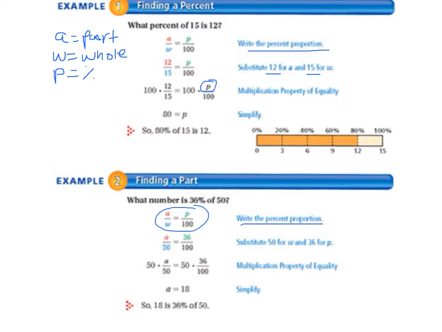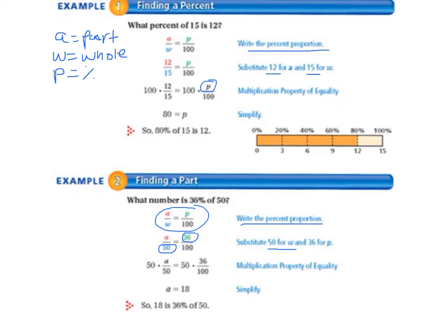So it says what number is 36% of 50? So we know that 36 is the percent, so that goes in the spot where P goes, and 50 is the whole, so that goes where the W goes.